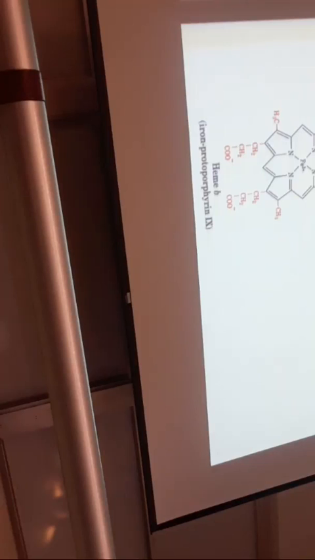So this would be protoporphyrin 9. We make it a heme by binding an iron here, which in hemoglobin and myoglobin would be iron 2+ in the active form, but in cytochromes can actually change the oxidation state.